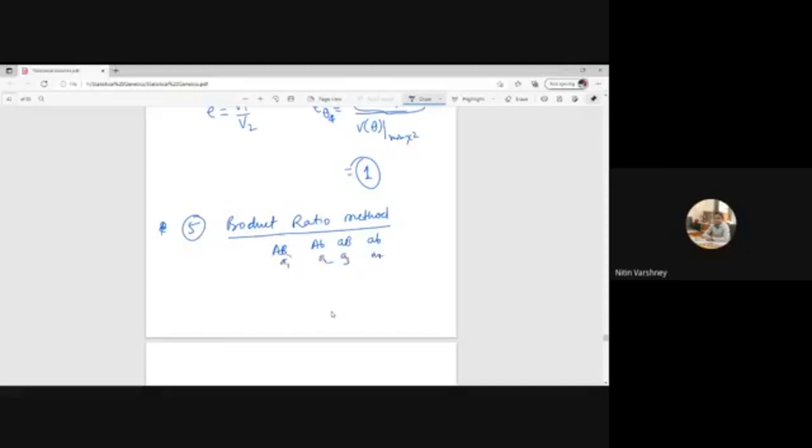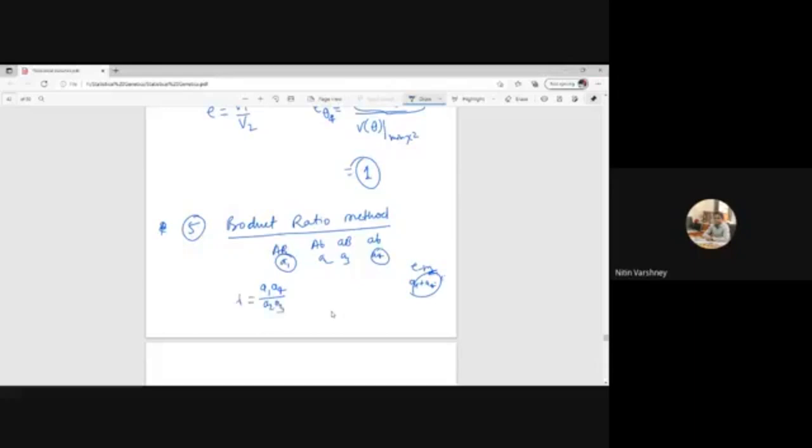Earlier, you remember, in the first method we took A1 plus A4 and A2 and A3. But instead of that, we will take the product of A1 and A4 divided by A2, A3.